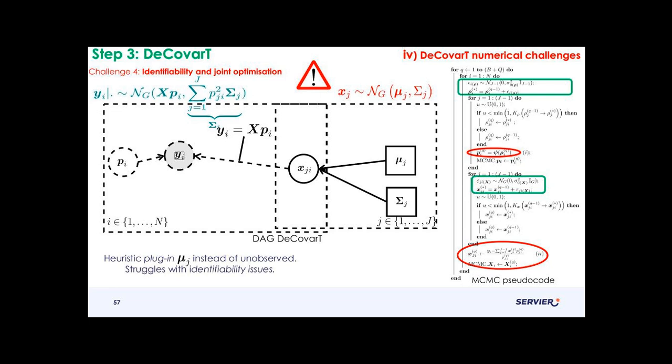But the actual value in my sample is something that I do not have access to. So I should, in my generative model, try to incorporate and infer both my cellular ratios and my cell-specific expression profiles. But doing so, maybe I will come up with another issue, an identifiability issue. In other words, maybe there is an infinity of pairs of solutions, of ratios and specific profiles, that can maximize my log likelihood. This is something to be integrated and tested for.